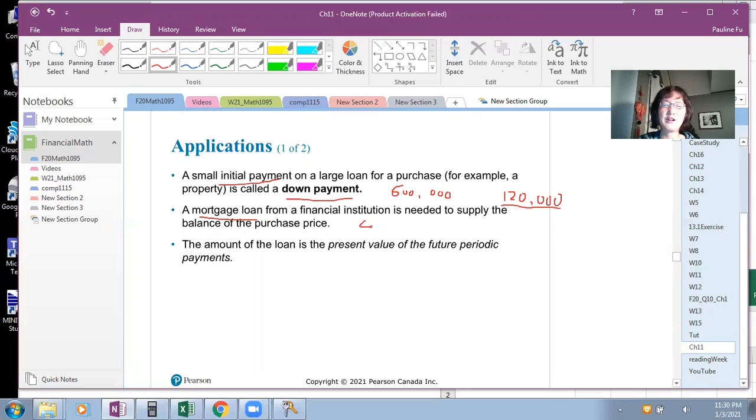The result is 480,000. That is the mortgage loan you need from your financial institution. And this loan amount is the present value of the future periodic payments.